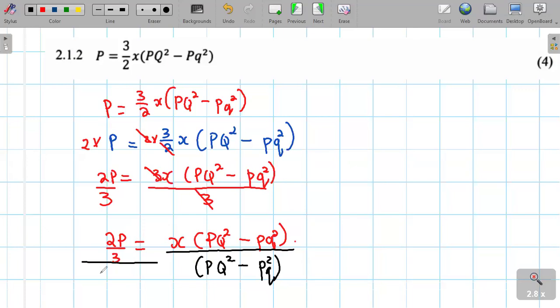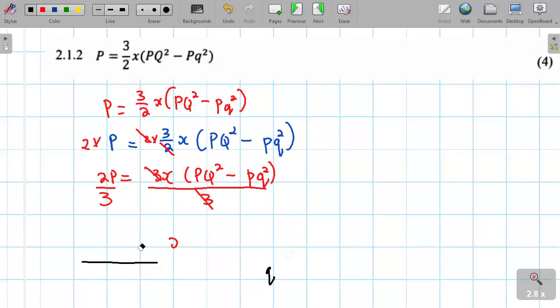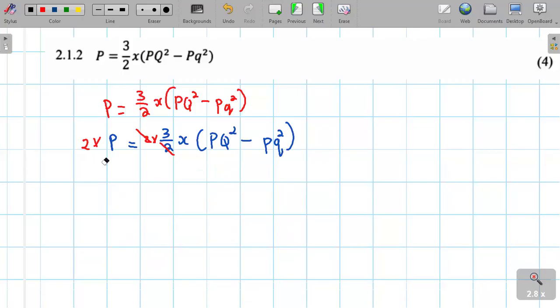All right, don't worry about this. I know you guys hate fractions, and I'm going to show you something. Still correct? From here, we had 2p equals 3x times (pq squared minus pq) all squared.